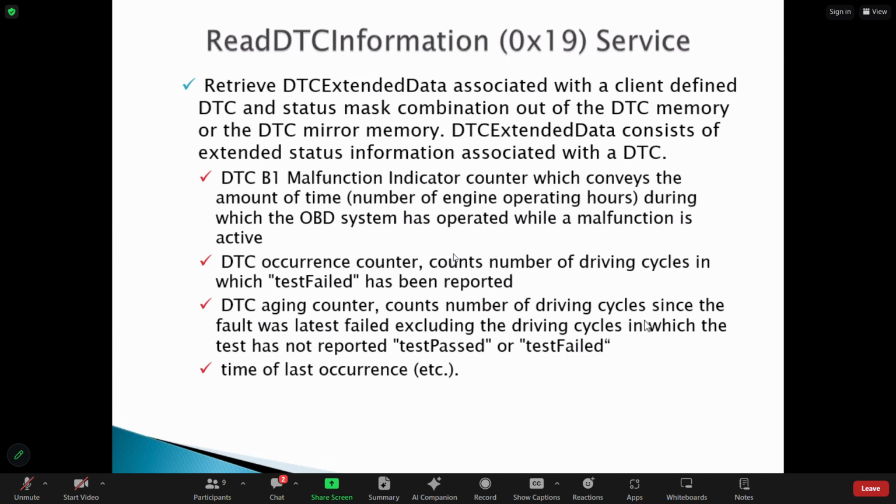It counts the number of driving cycles since the fault last failed, excluding the driving cycle in which the test was not reported. Time of last occurrence, etc. So these data will be stored as part of the extended data record, and using the 19 service, we can retrieve it.